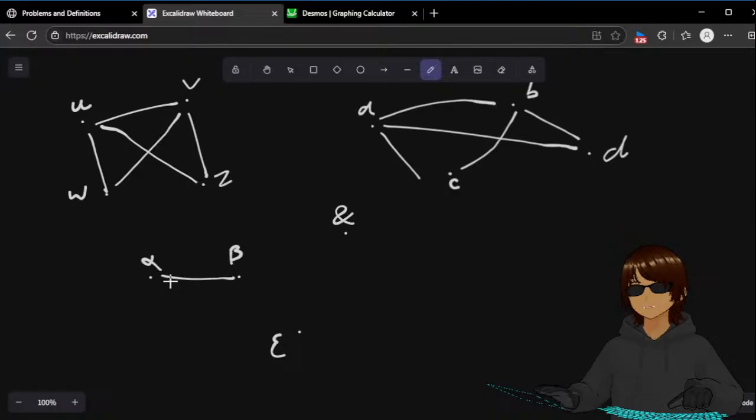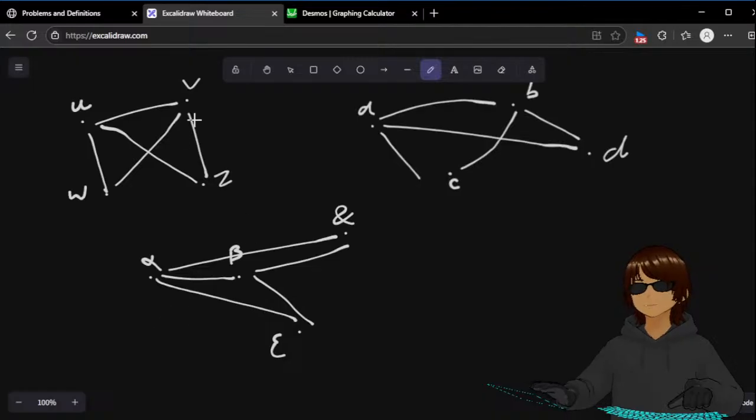We have this, so alpha. Suppose, and then this part goes to, and then these. Yeah, this and this are also isomorphic with these two, because you can rearrange the vertices and edges to make them look exactly like these graphs.